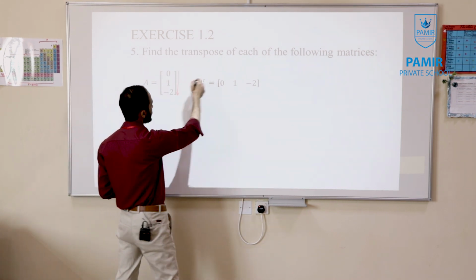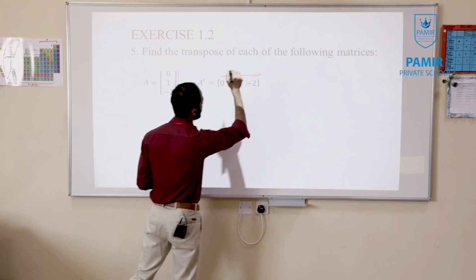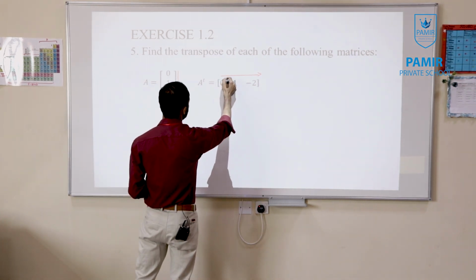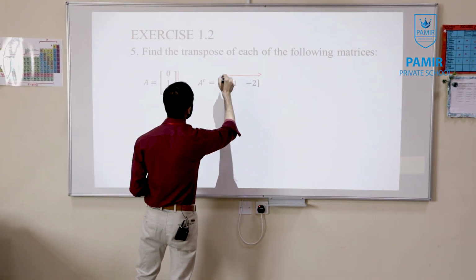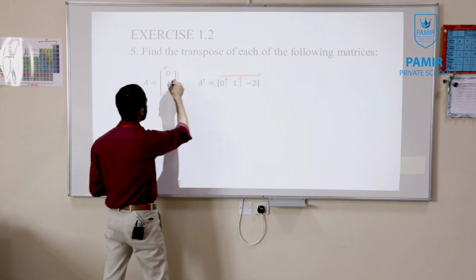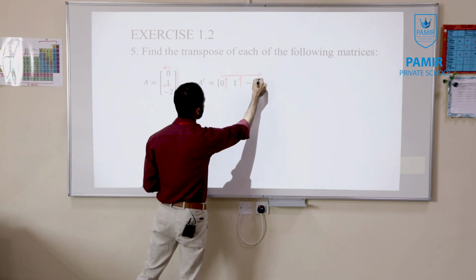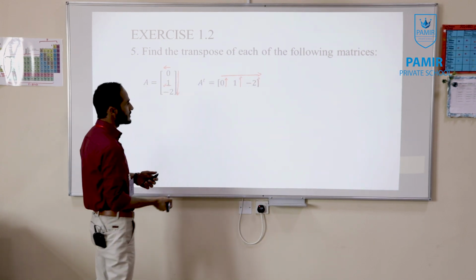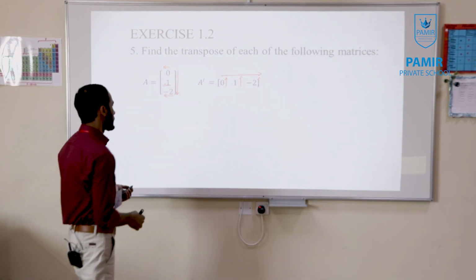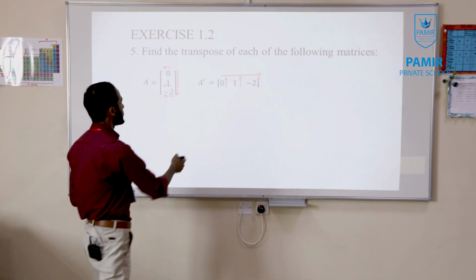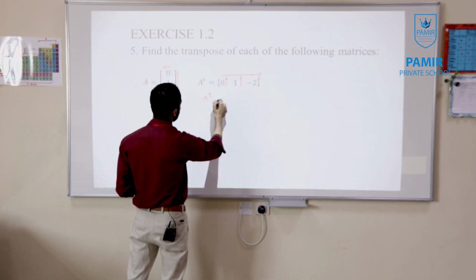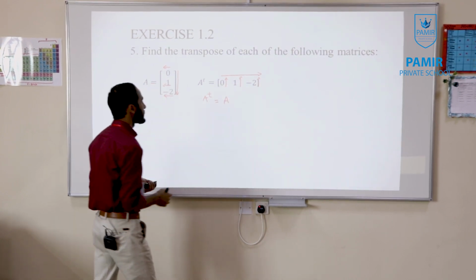When we write this whole column in the form of a row, we get the transpose of that matrix. So the entries 0, 1 and -2 are written in row form, and there we get the transpose of the matrix.